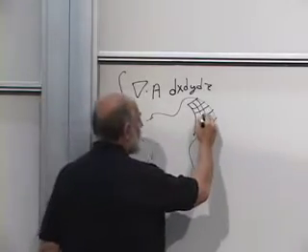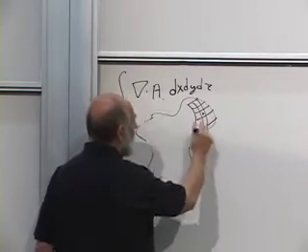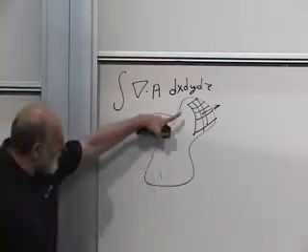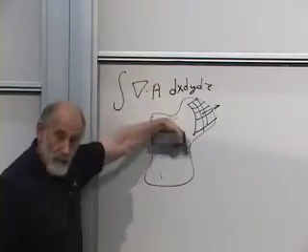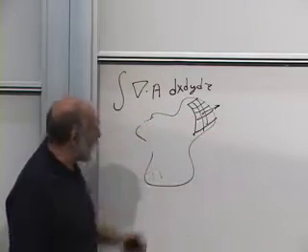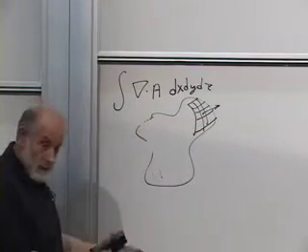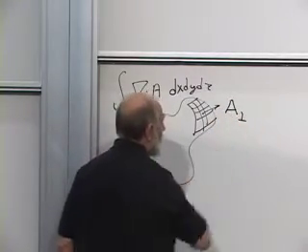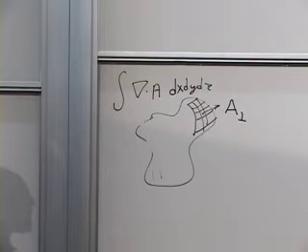And in each cell, the field A has a component perpendicular to the cell. It may also have components in the directions parallel to the surface, but A has a direction perpendicular to the surface. Let's call that A perpendicular, the component of A sticking out of the surface.